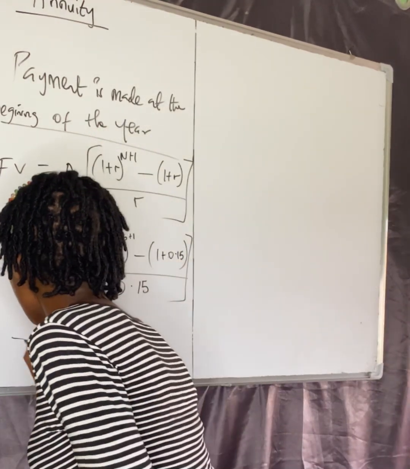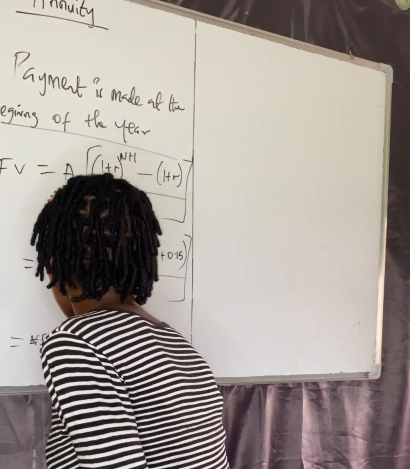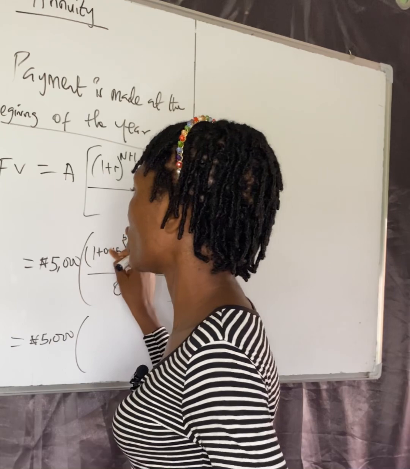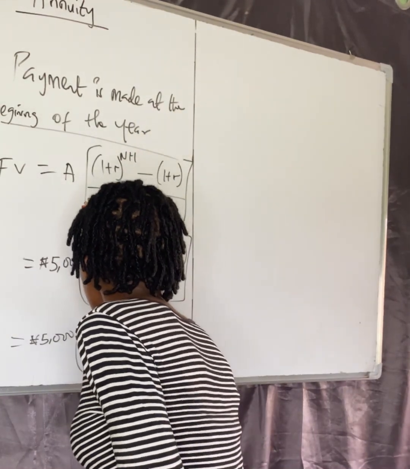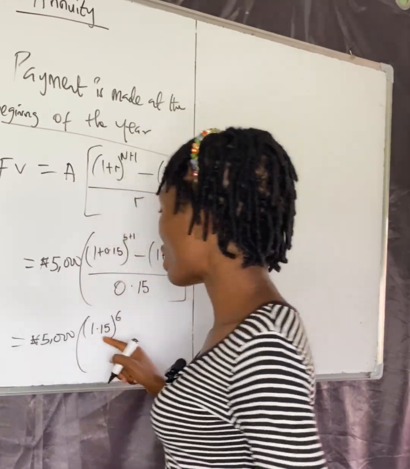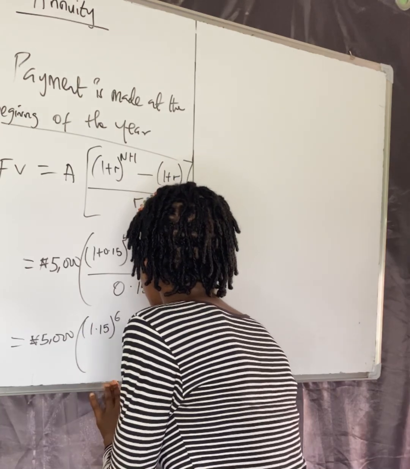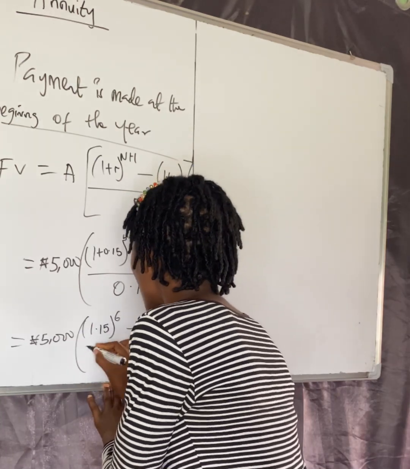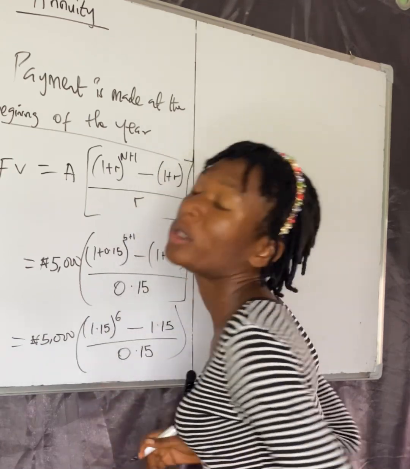So we have 5,000 naira. This is our 1 plus 0.15, so we are having 1.15. 5 plus 1, we have 6. So this is 1.15 raised to power 6, and then we are subtracting 1.15 before we divide by 0.15, based on our formula.